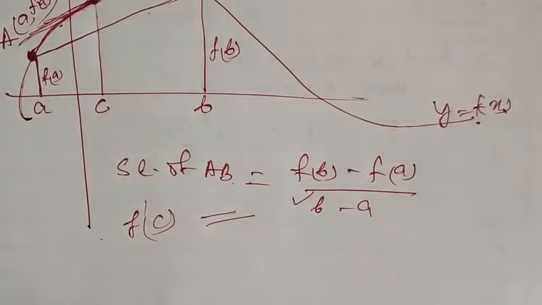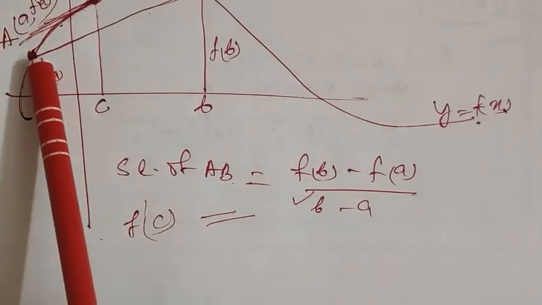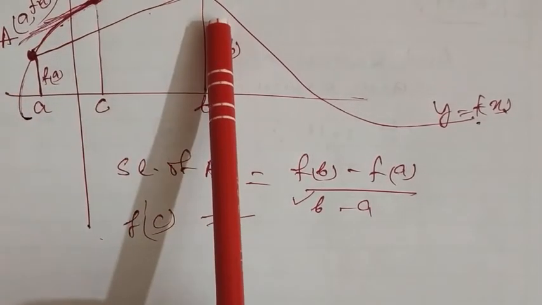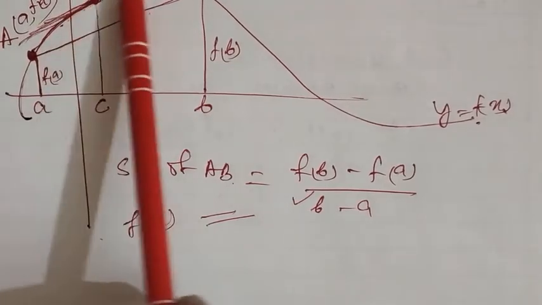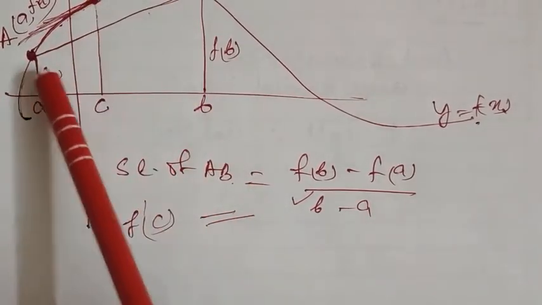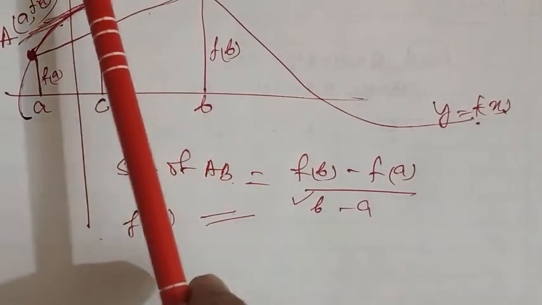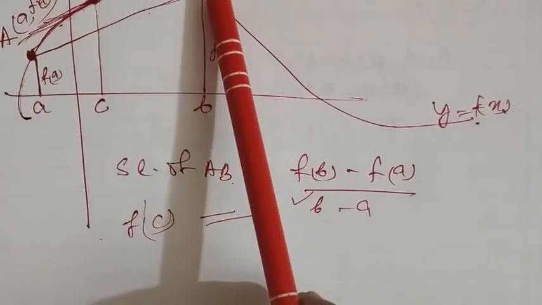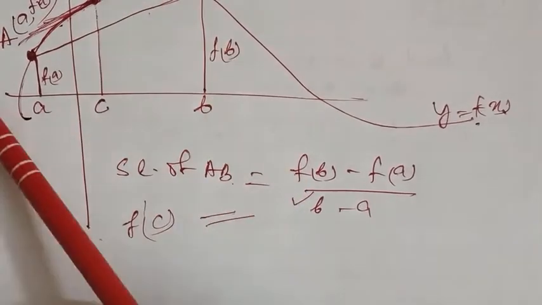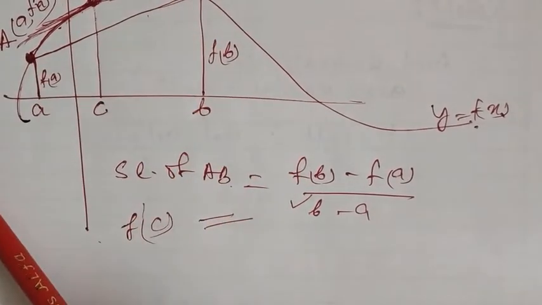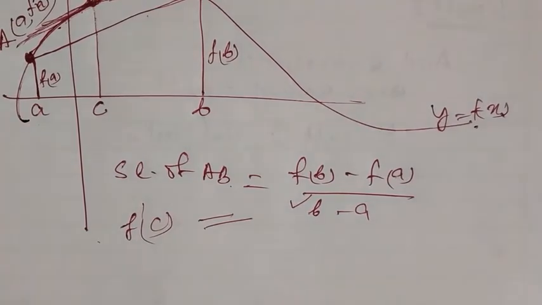That is, if there is a continuous curve between 2 points and at every point I find a tangent, then slope of the chord is same as slope of the tangent at some point between A and B. That is, we can draw a tangent which is parallel to the chord. Okay? Now, this is the basics of mean value theorem.